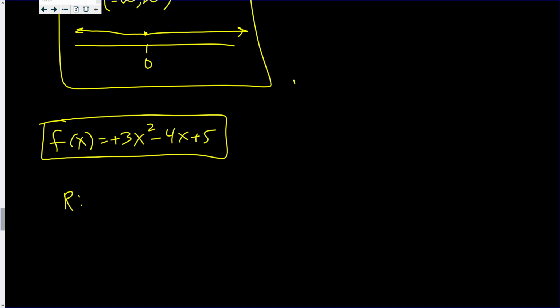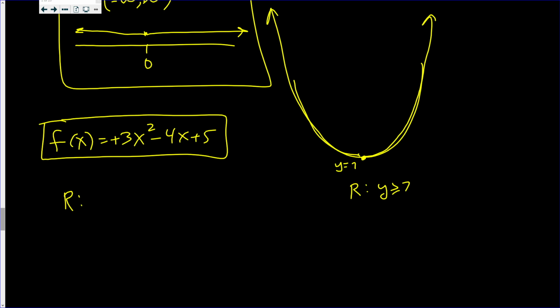A positive parabola goes like this. That's the lowest point. If that y is 7, then the range would be y is 7 and above, because it goes from 7 all the way up, even on the left side, from 7 all the way up.